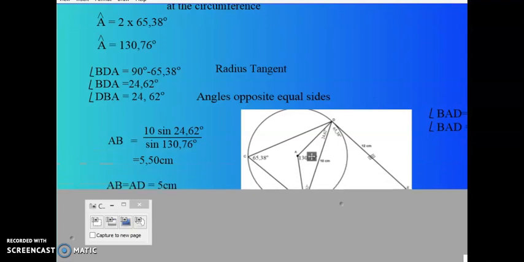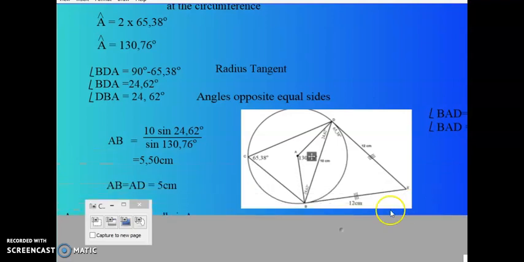Now I will use the sine rule to calculate the size of AB. So I will say AB over sine of angle D is equal to 10 over sine of angle A. And then I will manipulate and say 10 sine of angle D over sine of angle A, which is 130,76, and I get an answer of 5,5 centimeters.